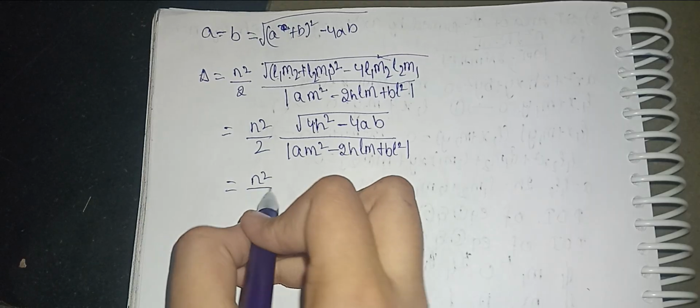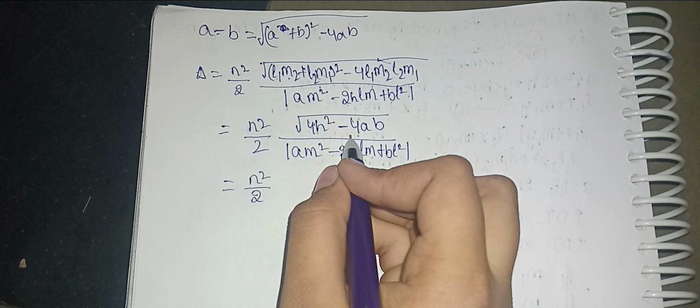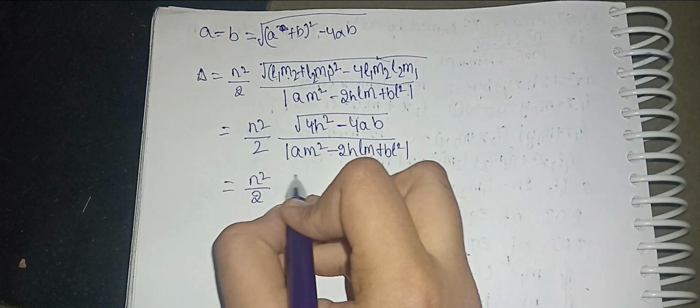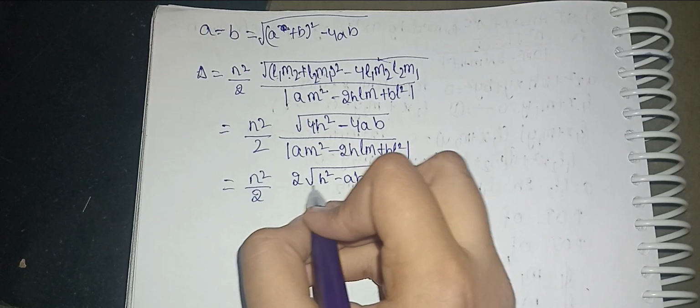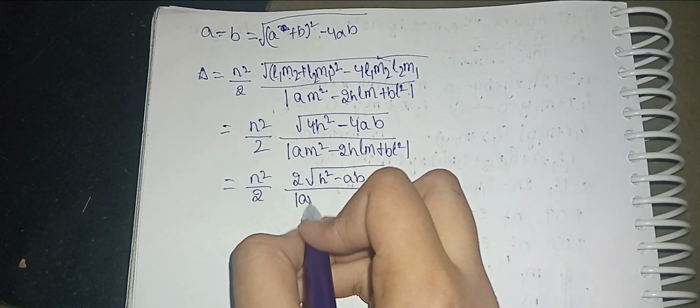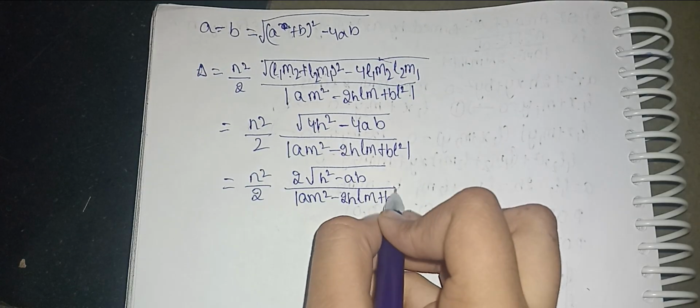It is equal to n square by 2. 4 is common, and if we take 4 out of the root, it will become 2. So 2 root h square minus ab by am square minus 2HLM plus BL square.